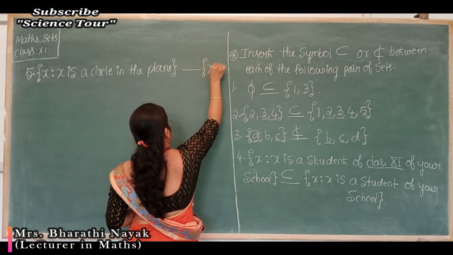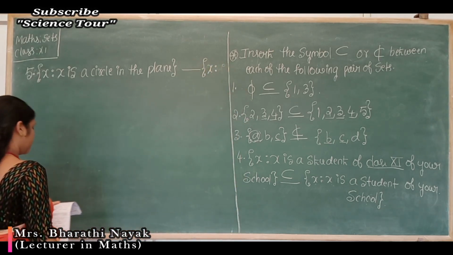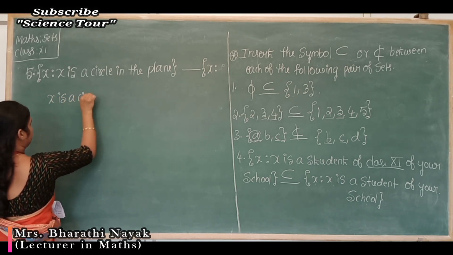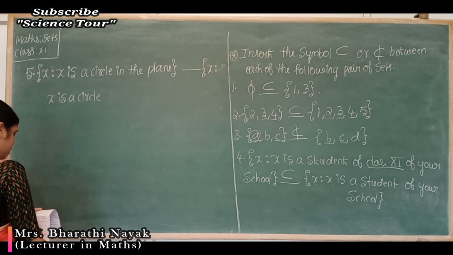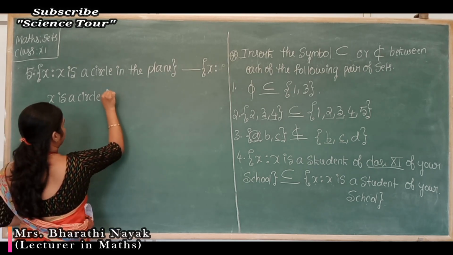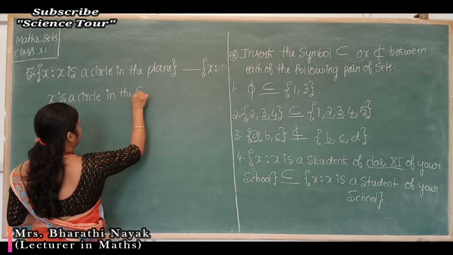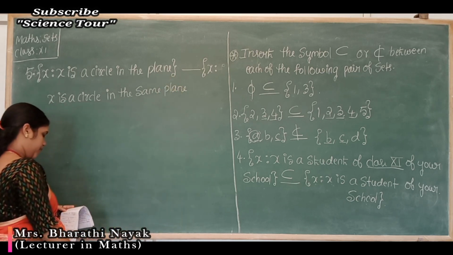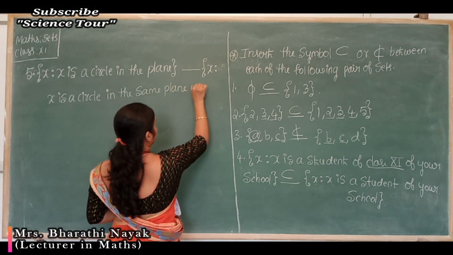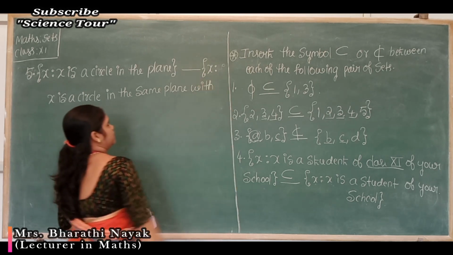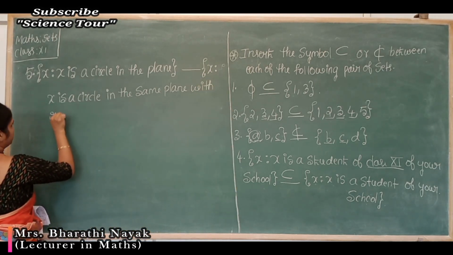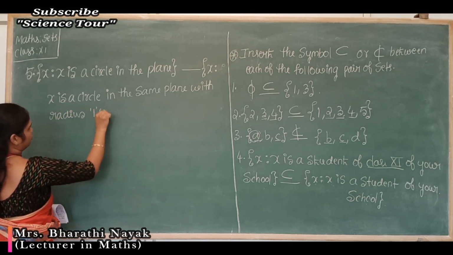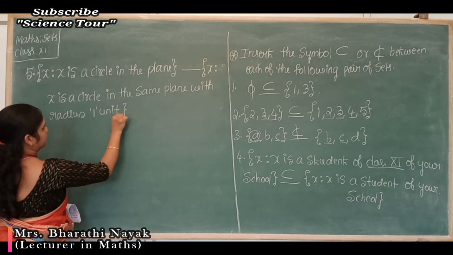Set of all x such that x is a circle in the same plane with radius 1 unit.